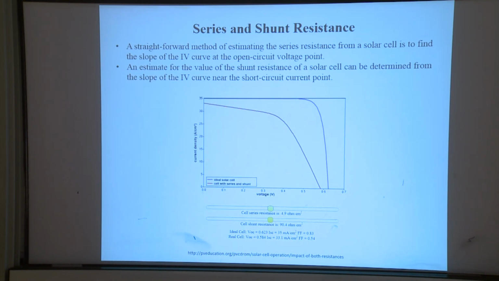So actually, we can tell the shunt resistance and series resistance from the IV curve. Or, in other words, shunt resistance and series resistance will affect the IV curve. So it will affect the fill factor, right?